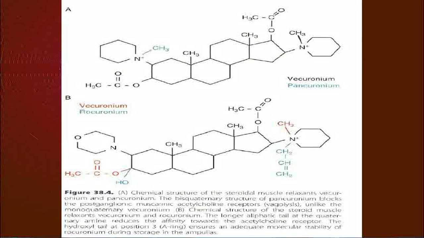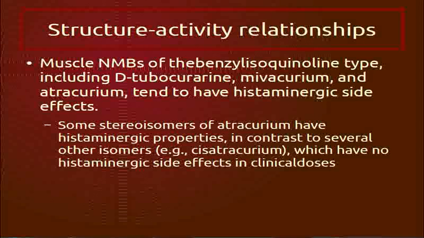Okay, we'll get there. Now, you have the oniums, the pancuroniums, the vecuroniums, the rocuroniums, and now we have the uriums, the mivacurium, which they don't make anymore, but they should, atracurium, cisatracurium. And in the old days, with the mivacurium and the atracurium, if you gave enough of it, you could actually see histamine release.